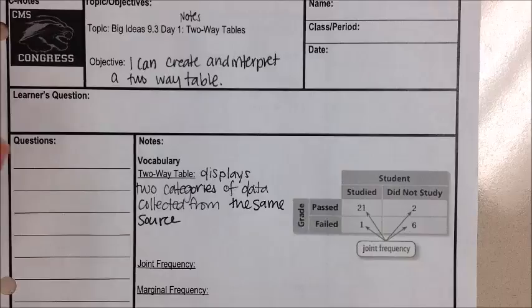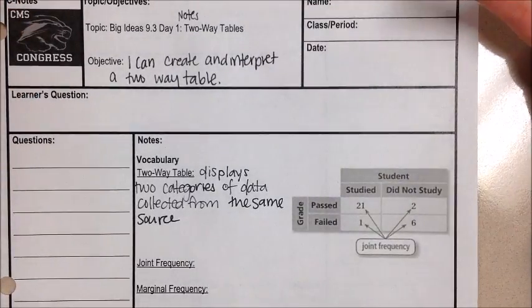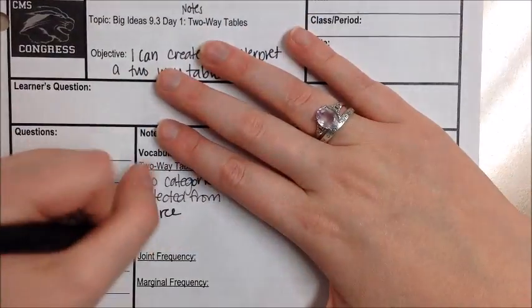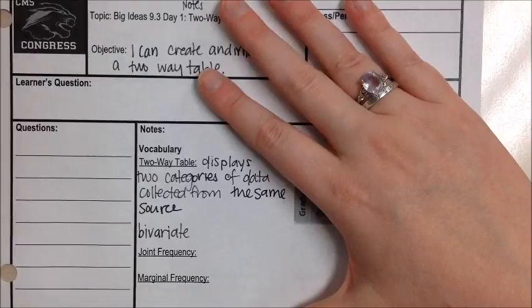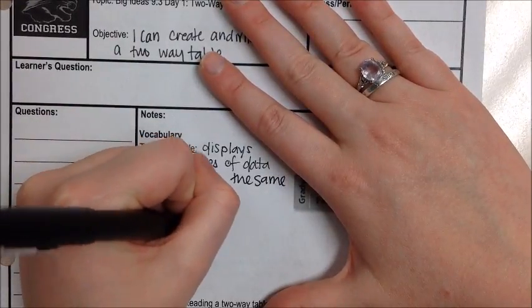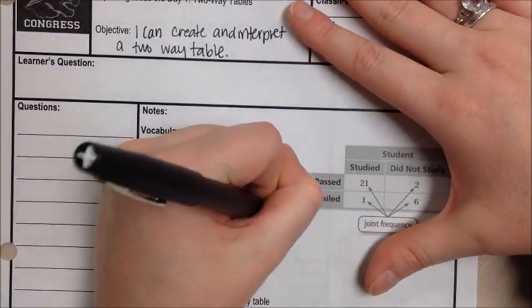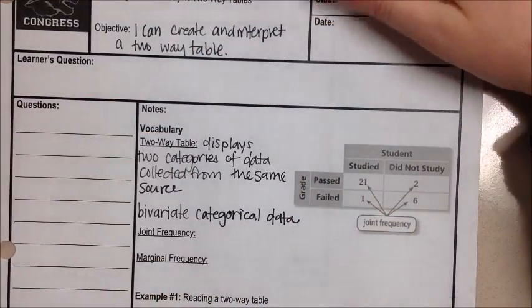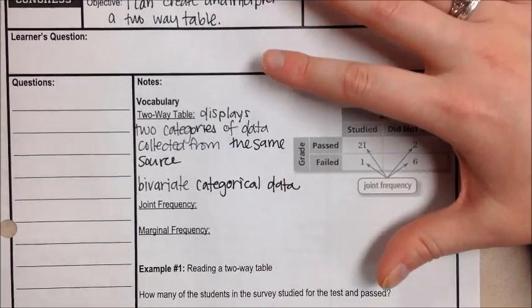Another way that you might hear this said is bivariate categorical data. And the whole point is to see if those two categories are related.